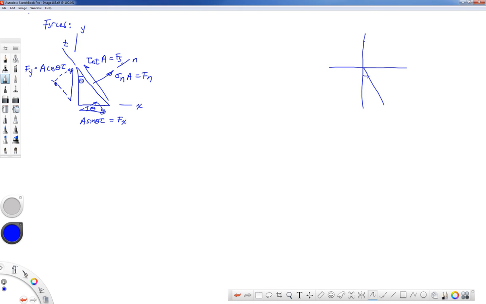I'll try to draw as straight lines as I can. The angle that the wedge makes is off the vertical, so this is the angle theta in this picture. Now we have a force that's going horizontal, but we want to break it up into components that are in the N and the T direction. Okay, so this is the N direction, and this is the T direction.